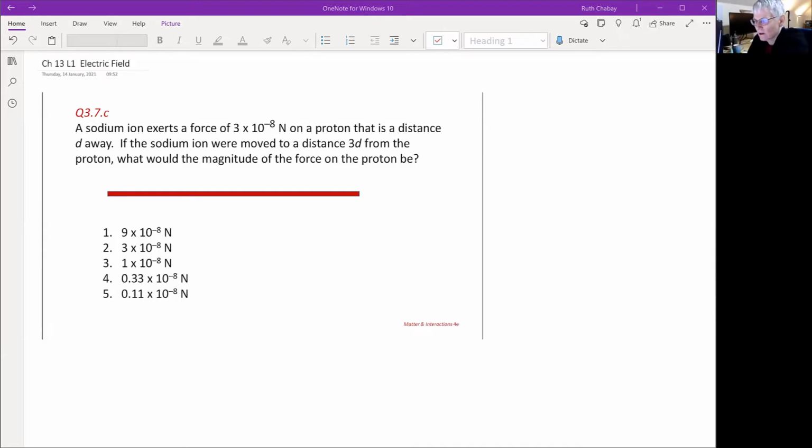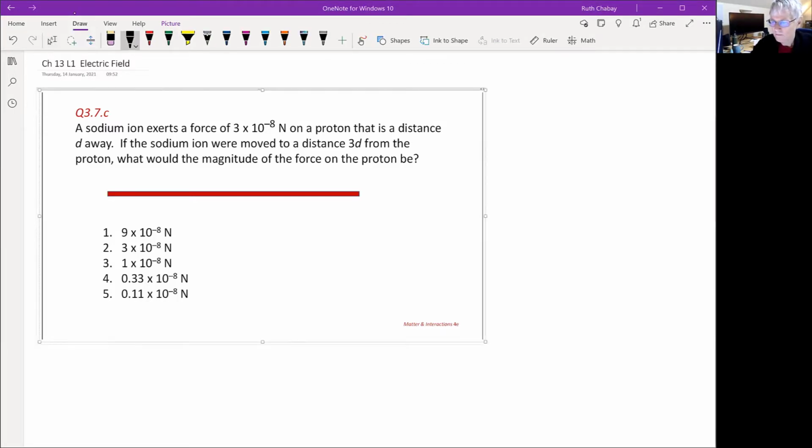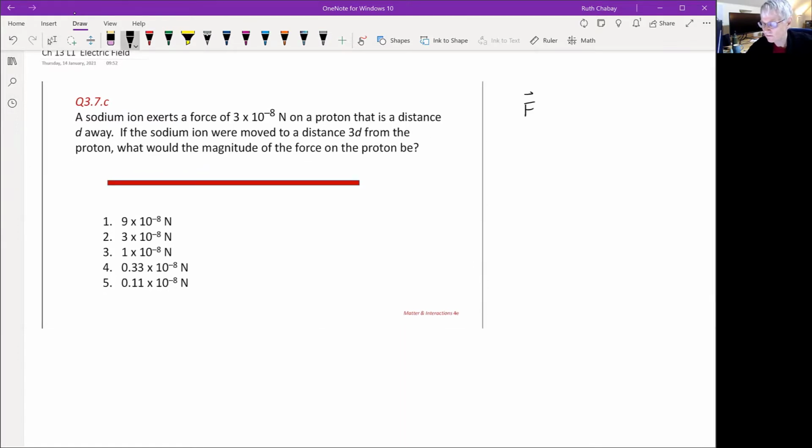Okay. So last time we talked about the electric force. And we found that the force exerted by one charged particle on another was equal to a constant, 1/4πε0, times the charge of particle 1, the charge of particle 2, over the distance squared, and the direction was given by the vector r hat.